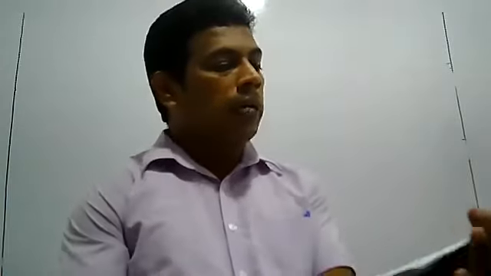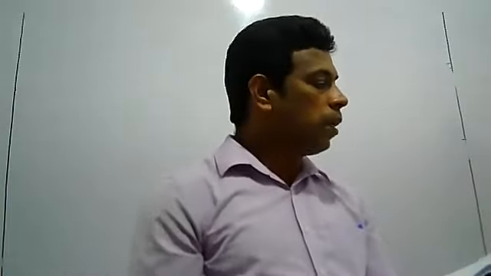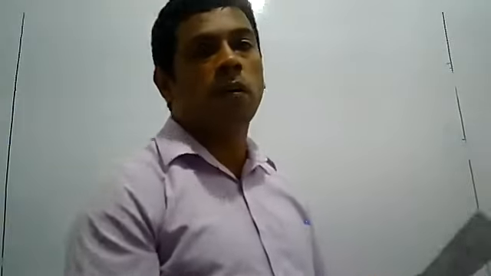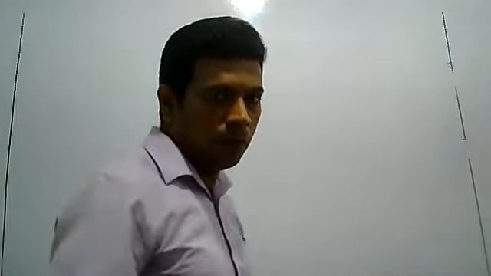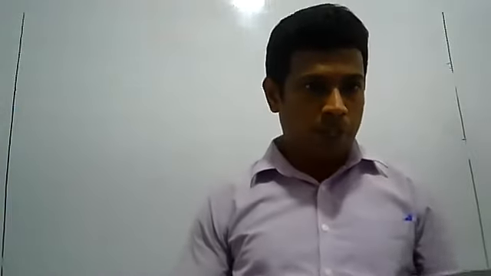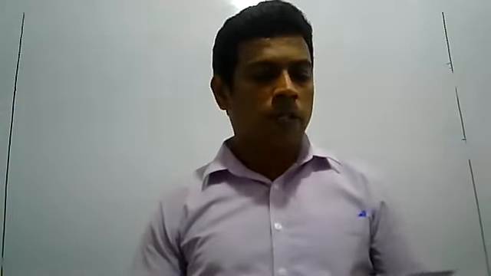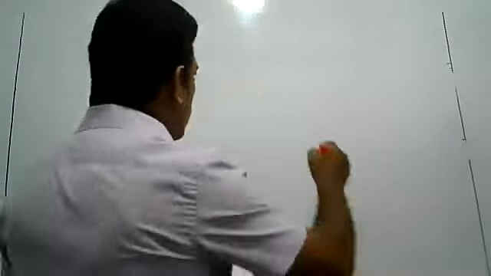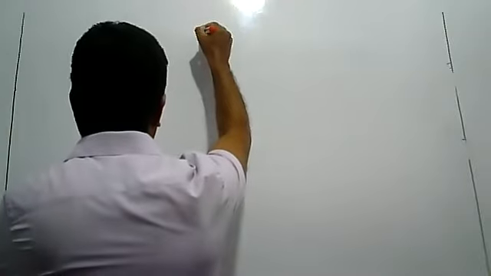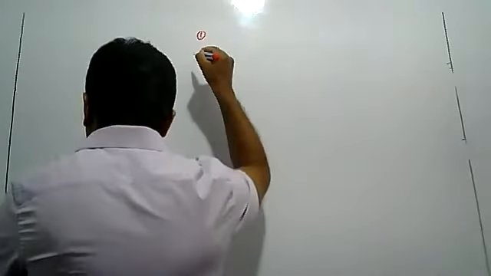First one: write down the transpose of the following and state the order of the transpose. The theory part of the lesson I have completed, therefore one by one we want to do these questions. Question number one.